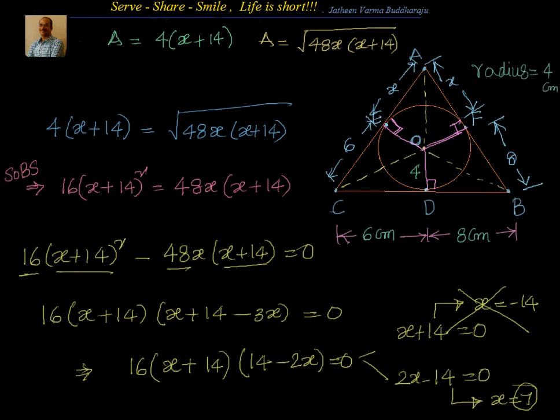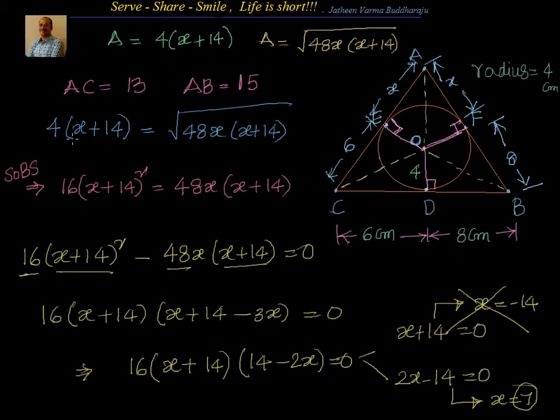The value of x is 7. So once x becomes 7, what will be the sides now? Side AC is equal to 13 and side AB is equal to 8 plus 7, 15. So the sides of the triangle are 13, 15, and 14, which was given.